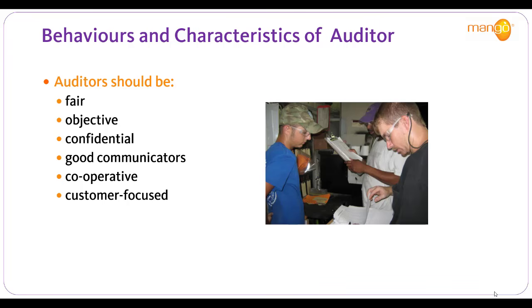The auditor also needs to have the customer in mind, so that if the customer wants a particular requirement, the auditor is focused on that requirement to make sure that's what's actually getting delivered. They need to be ethical, so they can't be underhanded and undermine the audit with unethical behaviour.